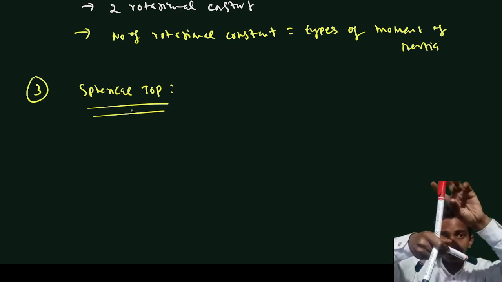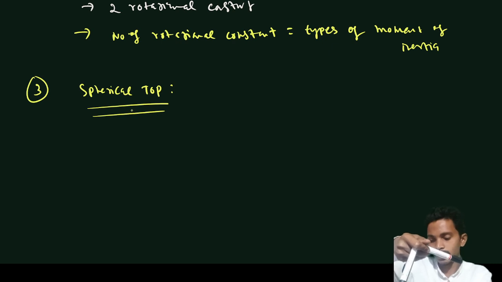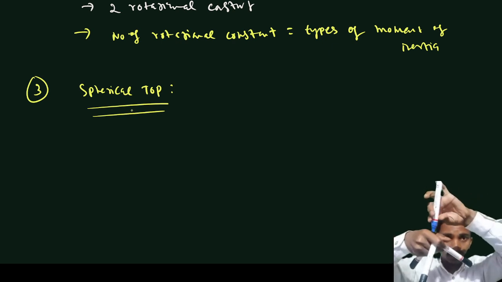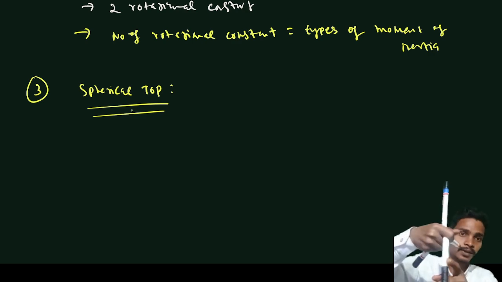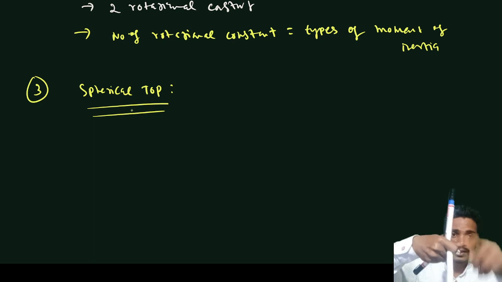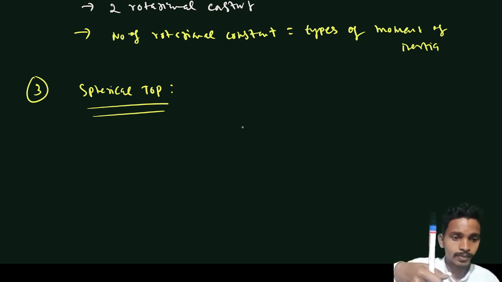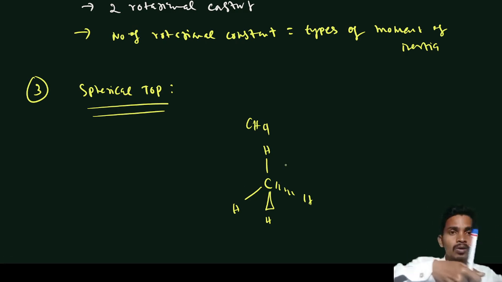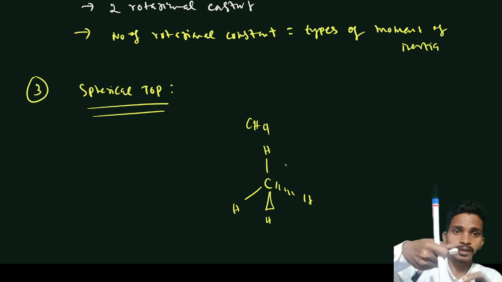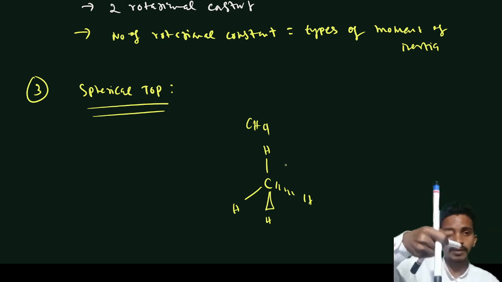Now if I take this one also the same, so let's say all atoms are the same, like CH4 type molecules. Means all are the same type of atoms.